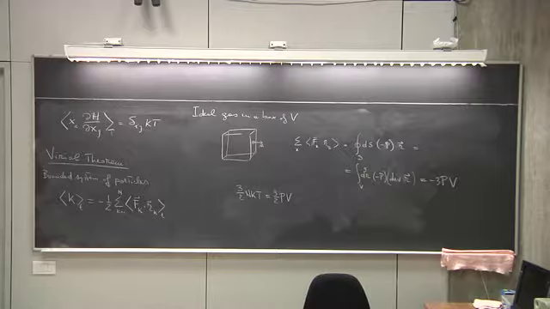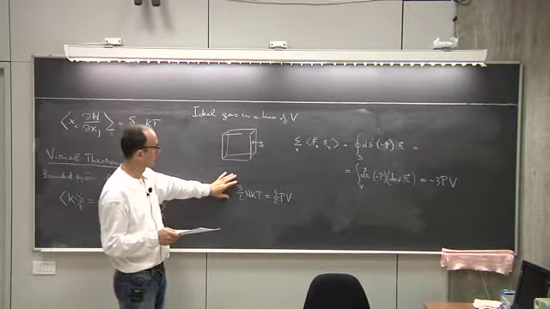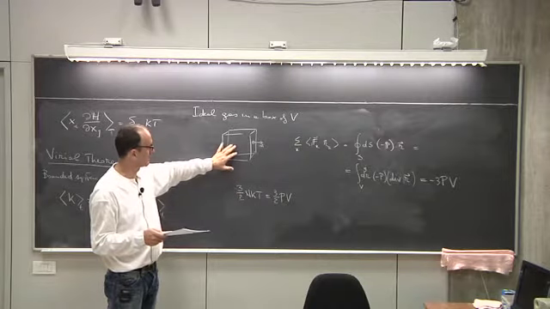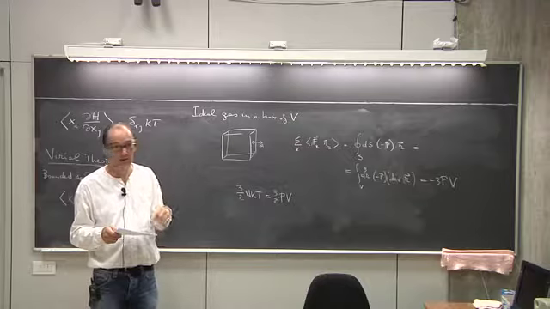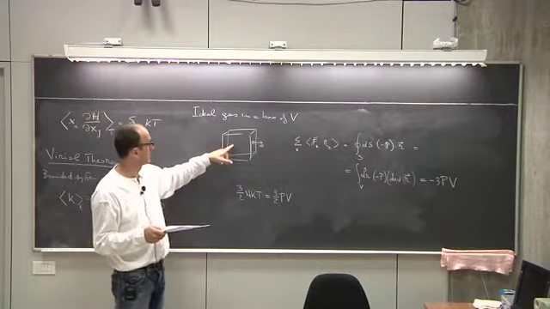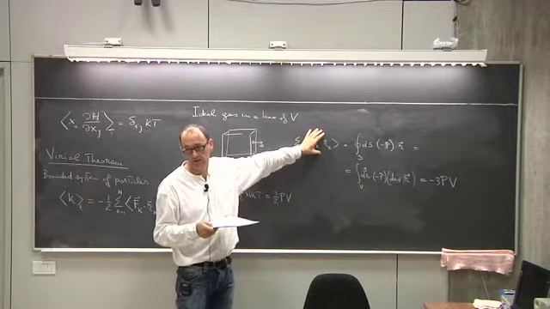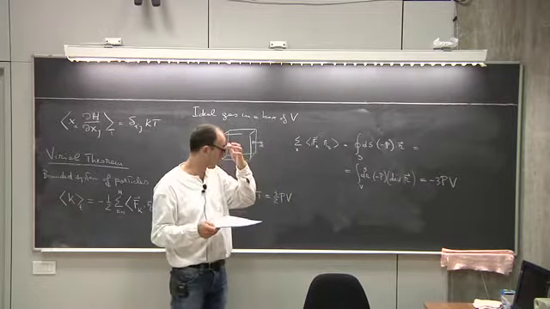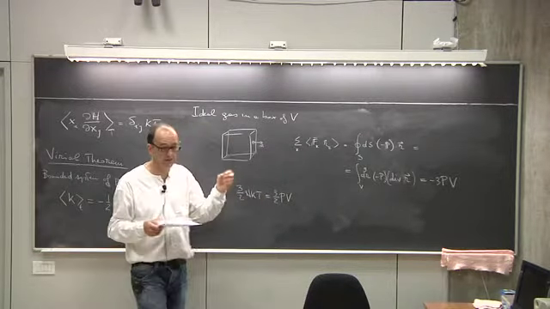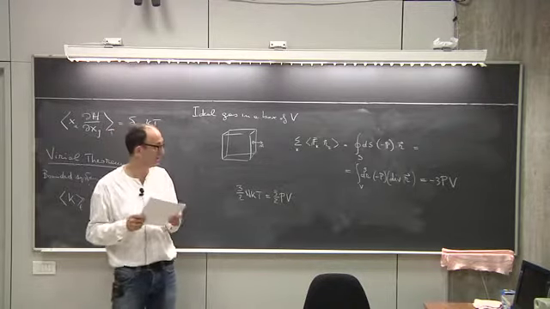In the book you will also see how you can generalize this. What happens when you generalize to a real gas? In a real gas, in this part there will not only be a contribution which comes from the surface, but also a contribution which comes from the interaction potential between the particles.